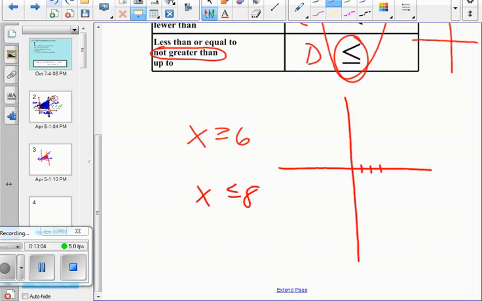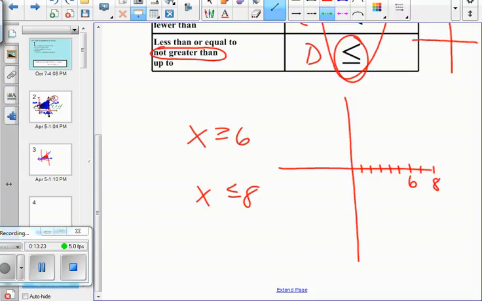Here's where X is 6. That's a hint. If X is 6 right there, it's got to go through that spot. And also 8. Which way are the lines going to have to go? Vertically or horizontally? Vertically, very nice.